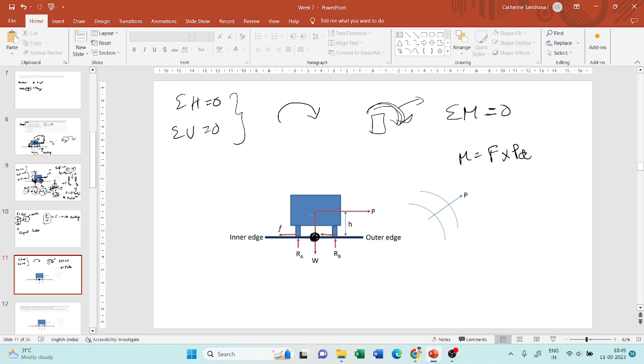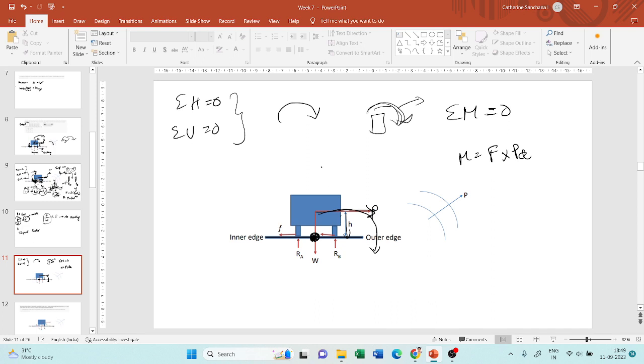So this force P has a distance of h with respect to this point. What will this force P do to this point? It will try to overturn this vehicle like this, because it is acting in this direction, with respect to this point.